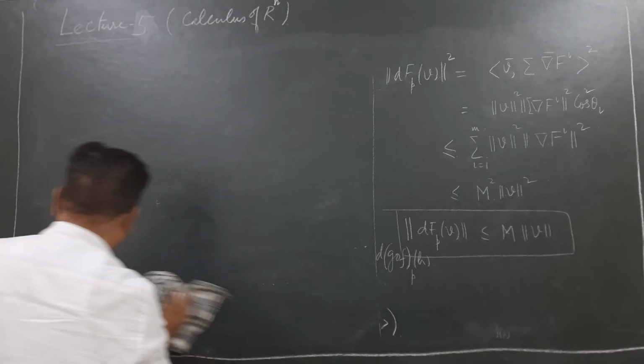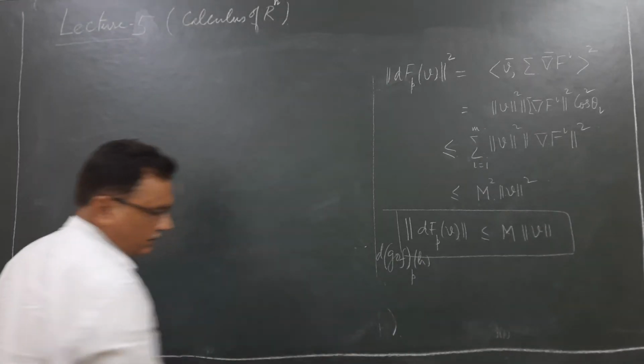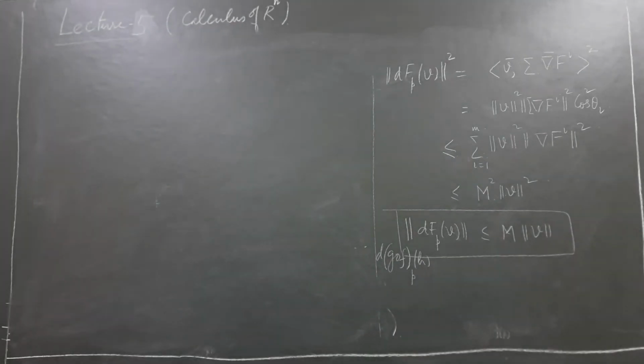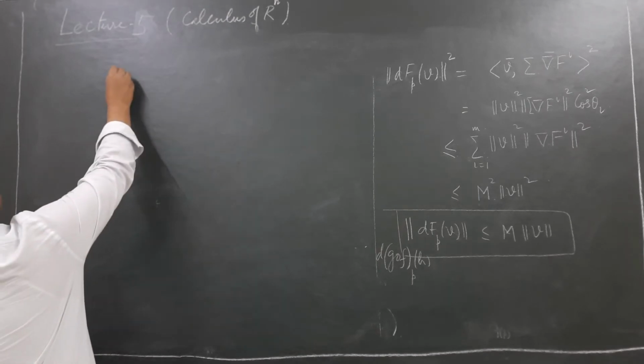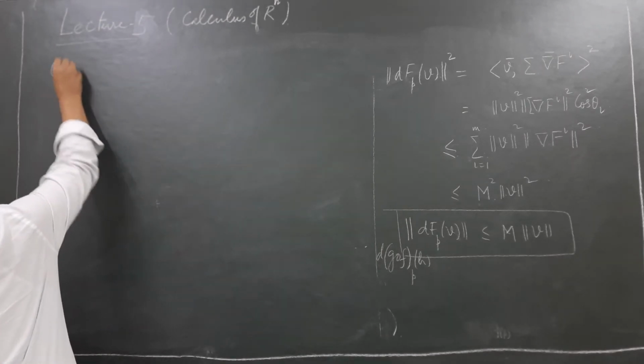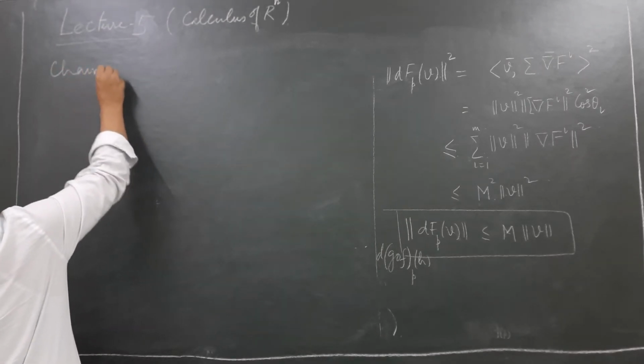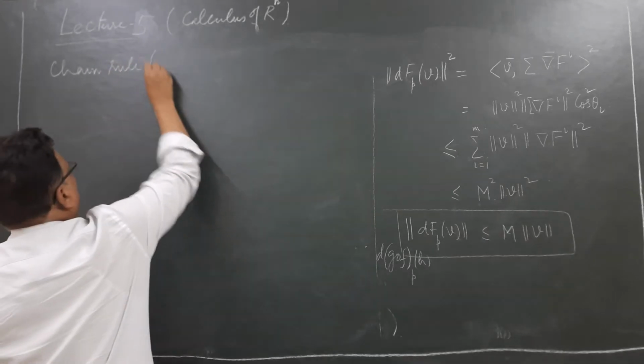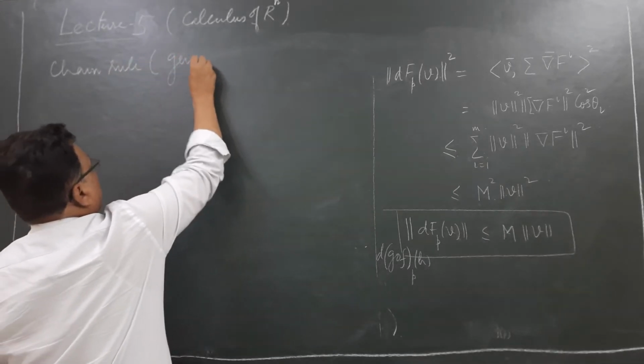All right. So this observation will be used while establishing the chain rule for functions from R^n to R^m. Now we are in a position to establish the chain rule for the general case.